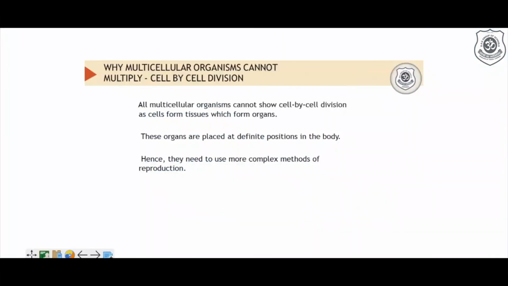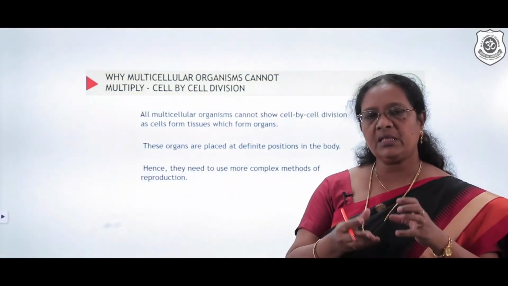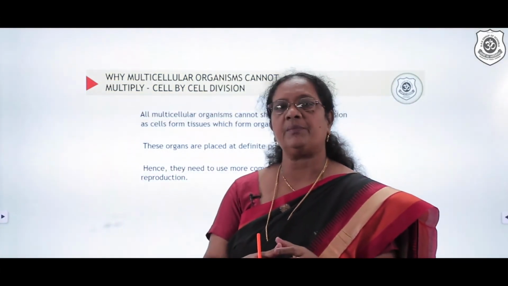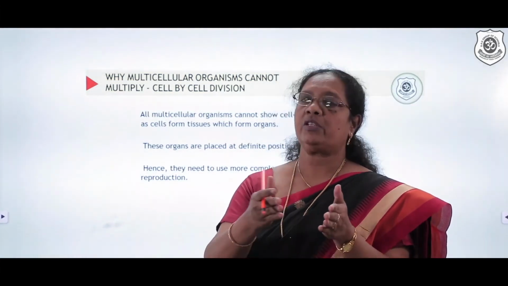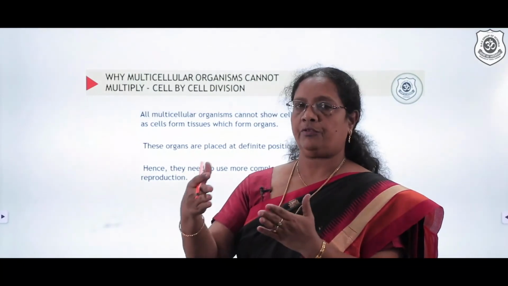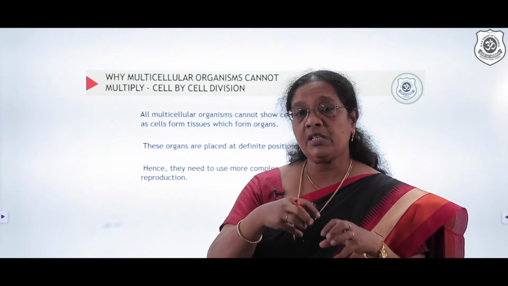We take up a question: why can a multicellular organism not go for cell by cell division? By the term multicellular organism, we understand that cells form tissues, tissues form organs, organs form organ systems, and they are all well placed inside the body in definite positions.